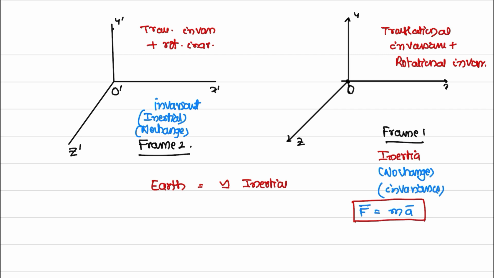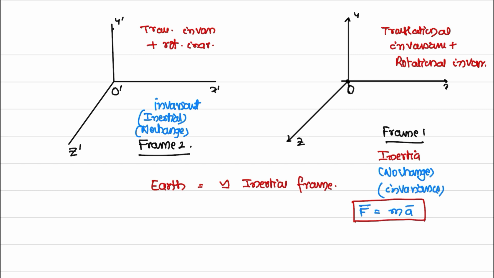But if we go to a frame where this particular invariance is not applicable, then Newton's laws are also not applicable there. Like on earth, Newton's laws are applicable because earth itself is treated as an inertial frame. Why have I given this introduction?